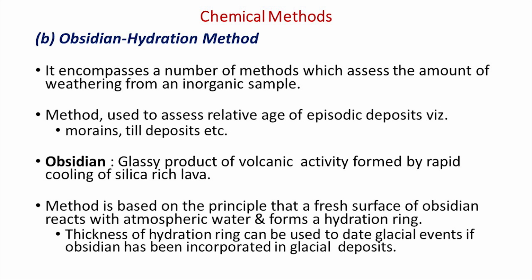This method is based on the fact that a fresh surface of obsidian reacts with water present in the atmosphere and forms a hydration ring. The thickness of the hydration ring can be used to date glacial events if obsidian has been incorporated in glacial deposits.